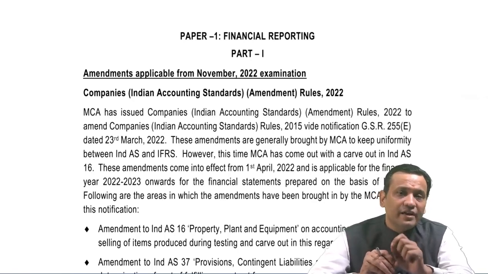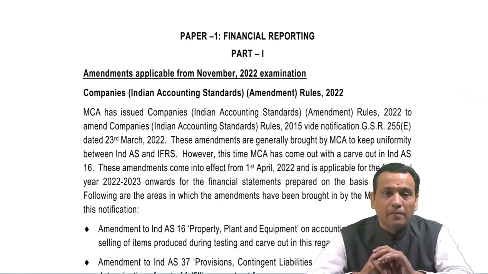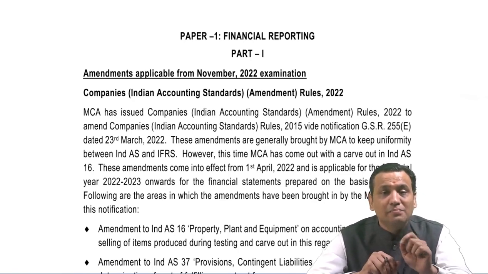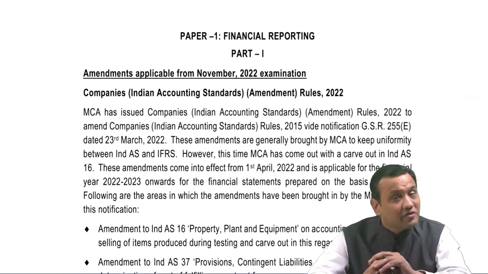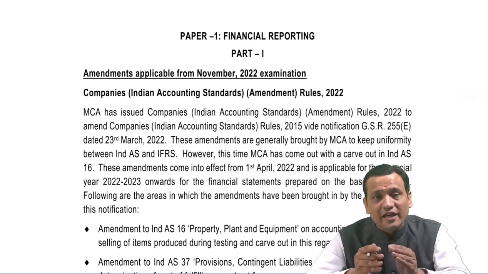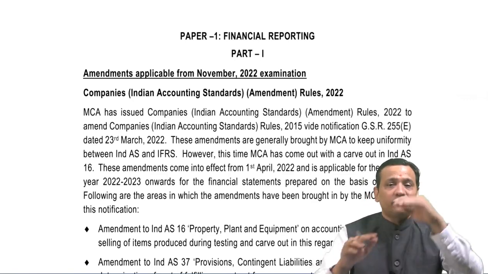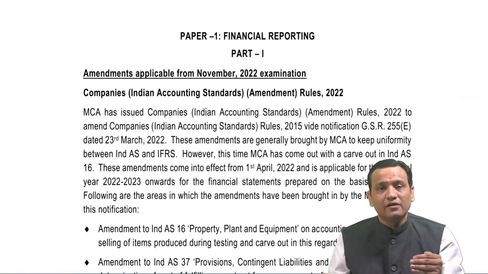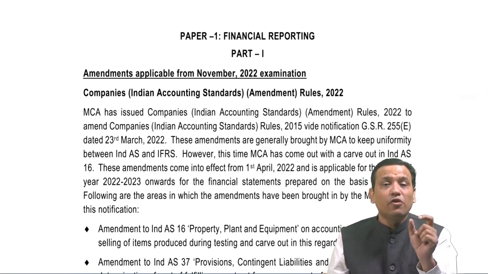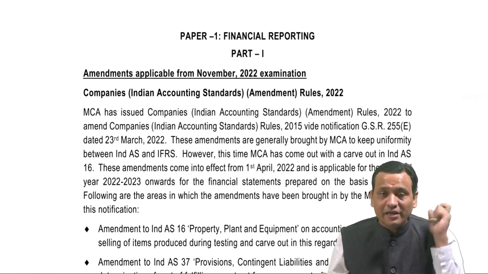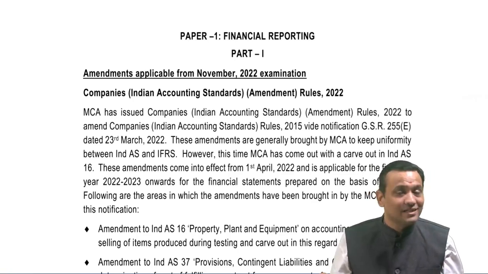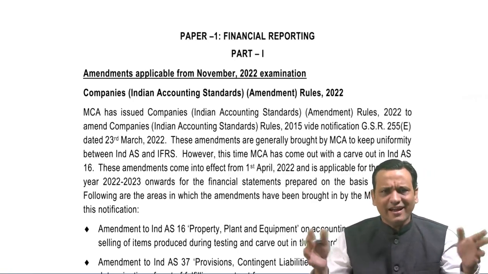So, if I am incurring a test run of 500 and a product is manufactured in that process of test run and I get say 400 rupees, we used to say 500 minus 400, 100 rupees will form part of my cost of PPE. This is what we did, and that is correct.